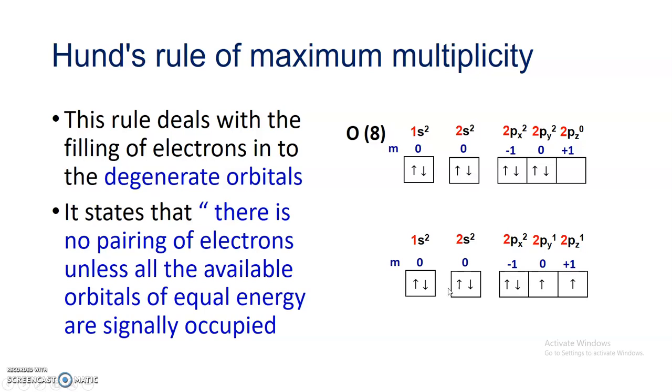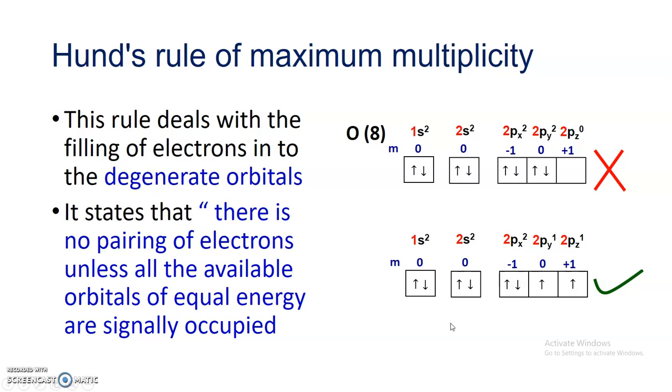So here 1s2, 2s2, 2px2, 2py1 and 2pz1 is the correct electronic configuration, whereas the first is the wrong electronic configuration, because this second electronic configuration fulfills Hund's law of maximum multiplicity: there is no pairing unless all the available orbitals of degenerate or equal energy are singly occupied.